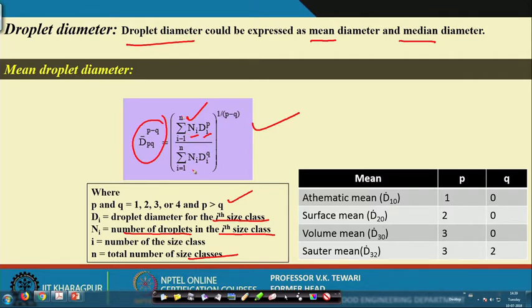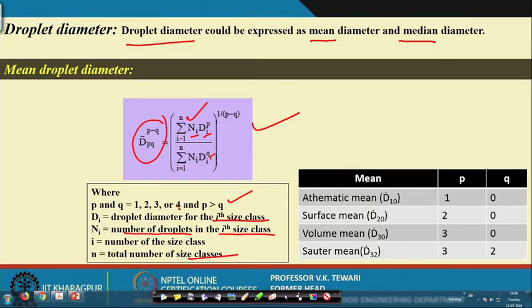Similarly, this talks of the number of size classes with respect to Q, where P is more than Q. These P and Q talk of the various numbers when we take the droplet size distribution.